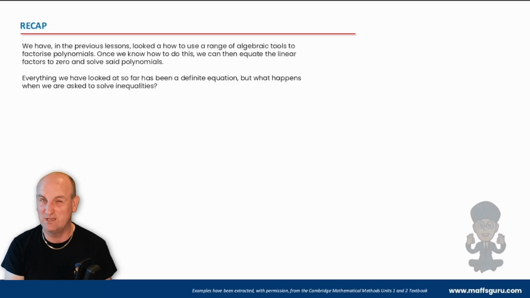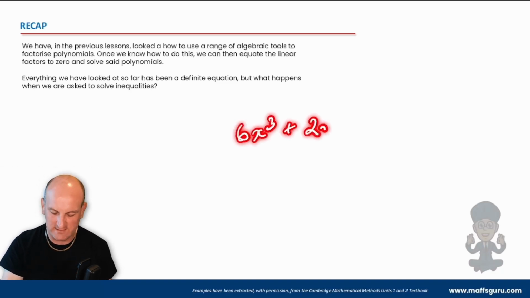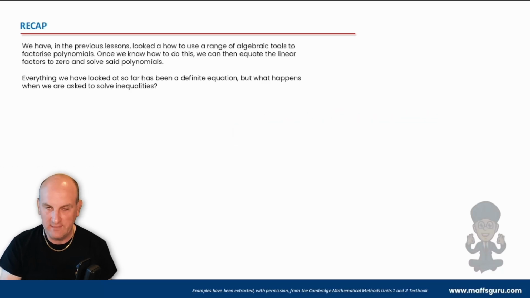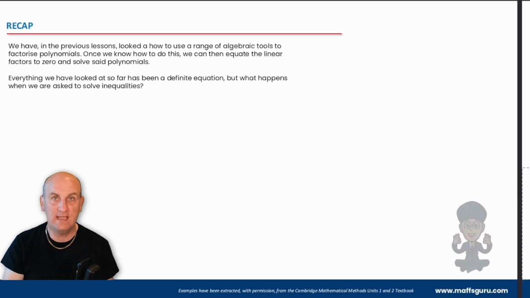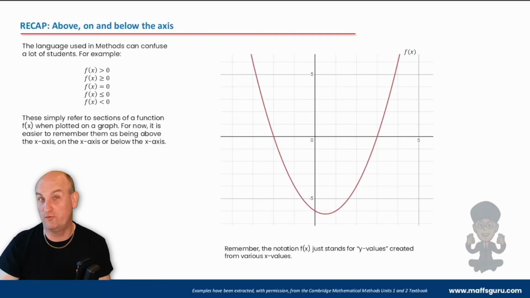We can probably sketch some polynomials. But in all of this, we've had definite answers, right? We've been solving something like 6x cubed plus 2x squared plus x minus 4 equals 0. And that equals 0 is very specific for methods. And sadly, a lot of the language in methods tricks people, and that's part of the problem here.